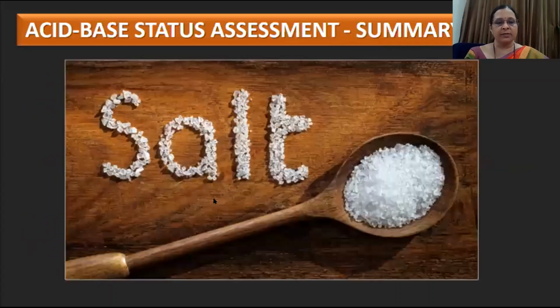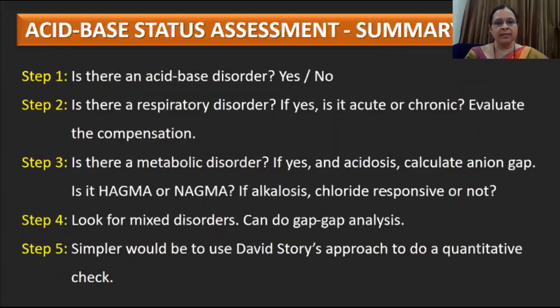If it is not acidosis, but if it is alkalosis, is it chloride responsive or not? You also look for mixed disorders. You can do gap analysis to do that. And simple would be to use David Story's approach to do a quantitative check of identifying what disorder is contributing most to the patient's condition.